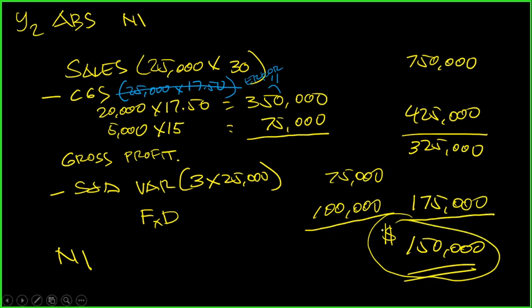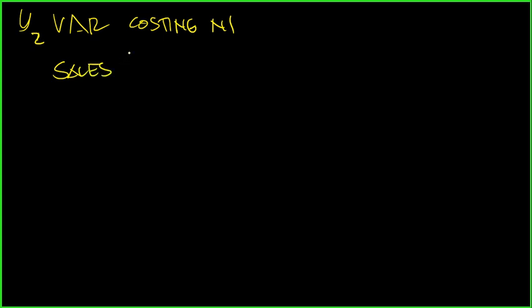Hindi pa pala tayo tapos. Okay, let's compute for your variable costing. Ayan, this one is for year 2. Variable costing naman. Variable costing net income. Ang saya-saya naman ito. Kunyari, nag-e-enjoy ako. Magkano ba yung nabenta natin ng second year? It's 25,000 pa rin.